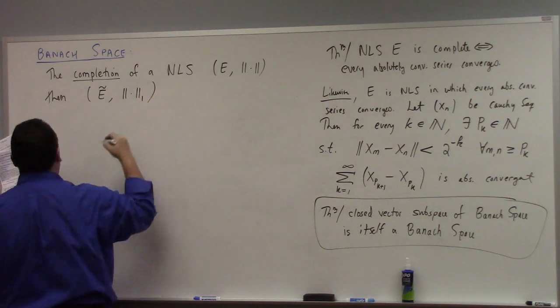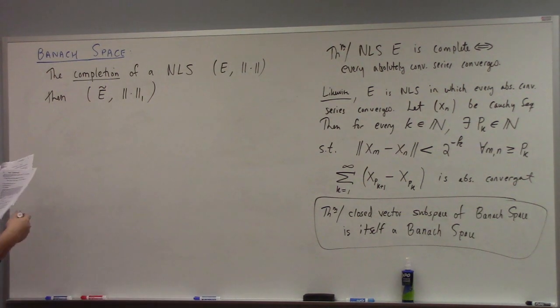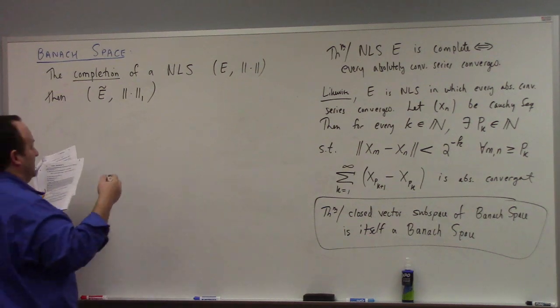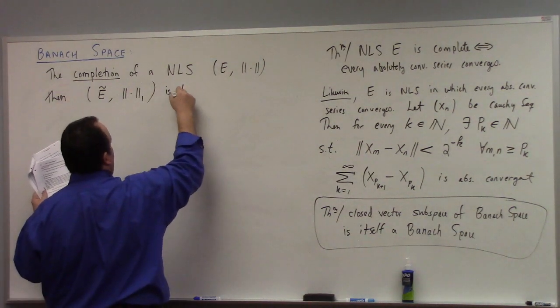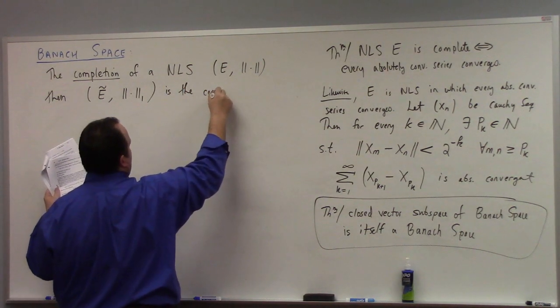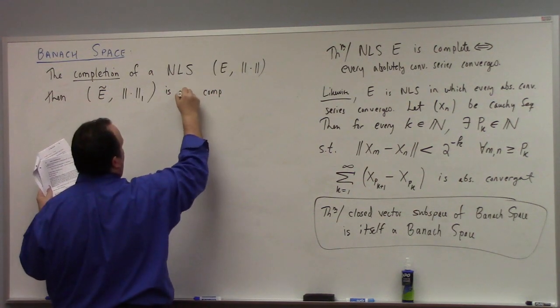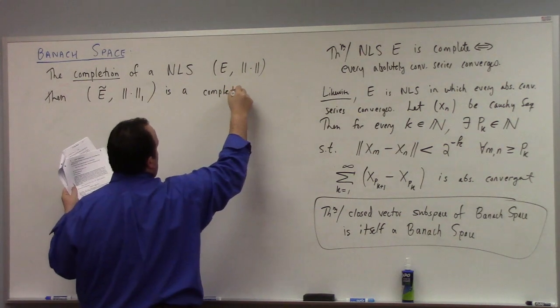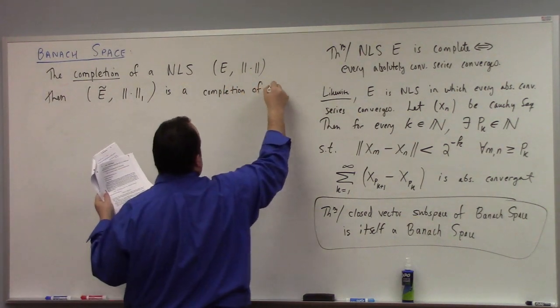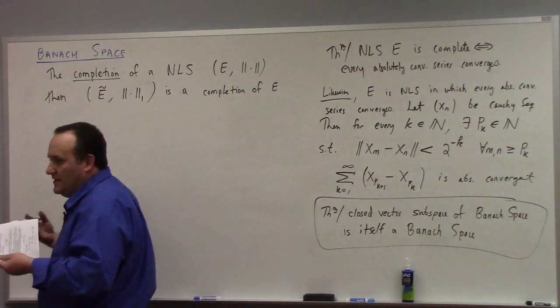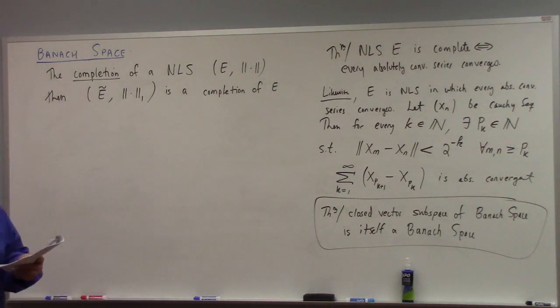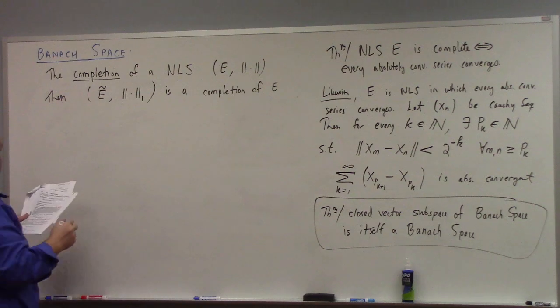This is called the completion. I really shouldn't say the, he hasn't used the word the, a completion of E, because it's not unique. There might be more than one way to do it. But if it is a completion, it has the following properties.